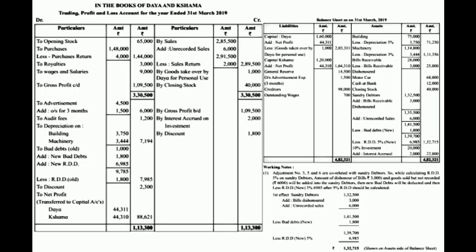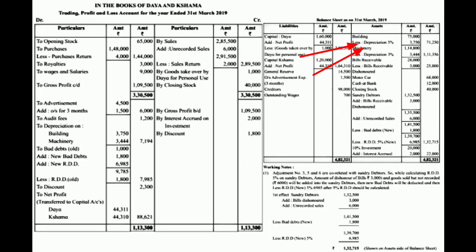The second adjustment is depreciate building and machinery 5% and 3% respectively. Building we have to depreciate by 5% and machinery by 3%. So the first effect we have to pass on the asset side.